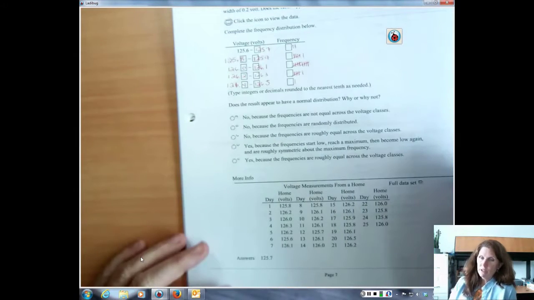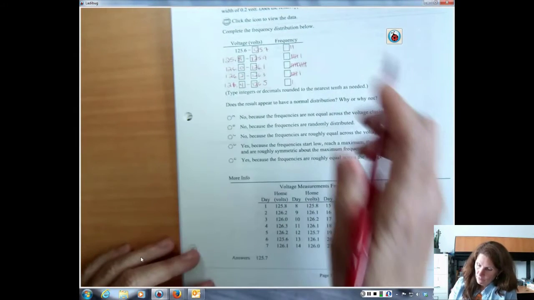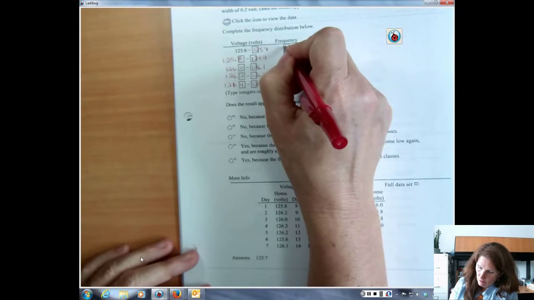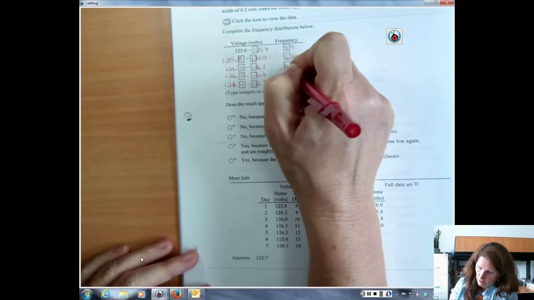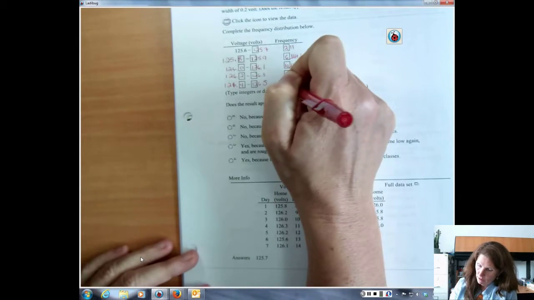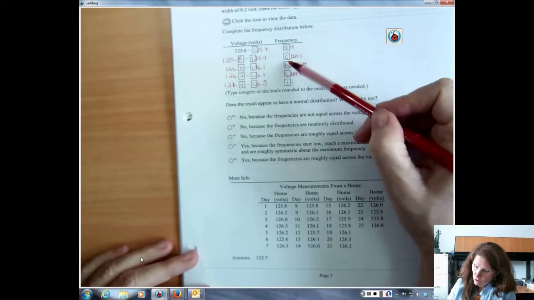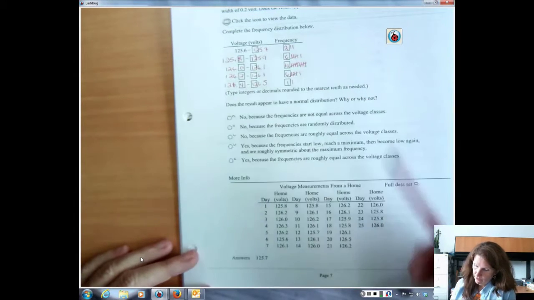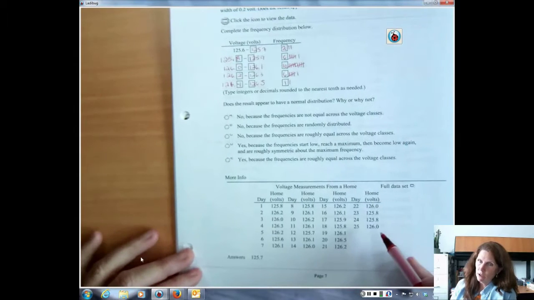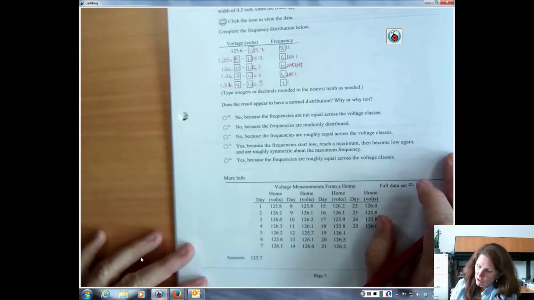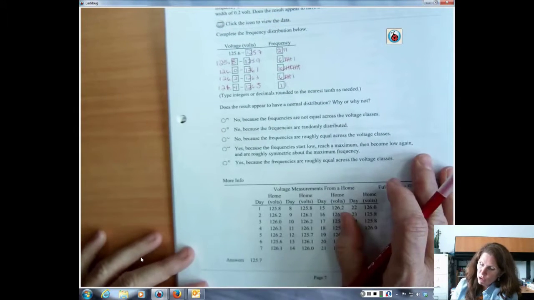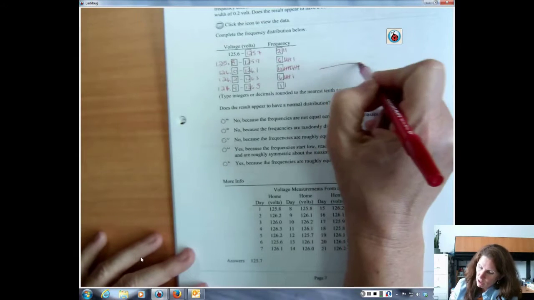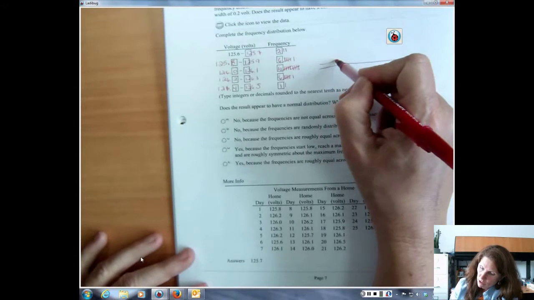So the frequencies that I have are 2, 6, 10, 6, 1. And that's 10, 22, 23, 24, 25, and that's how many things I had, so that's good. And the question is, does this appear to have a normal distribution? A normal distribution by nature starts low, goes up to some peak, and comes back down again.